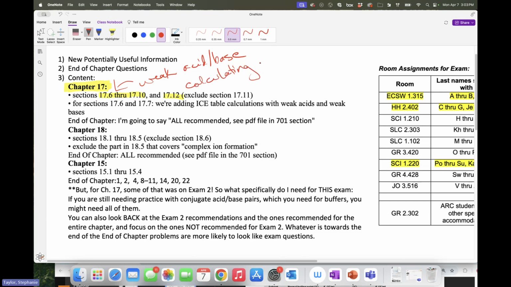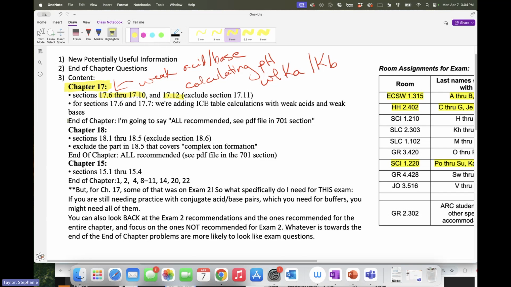So there was stuff that we did before spring break, the week before spring break, that is on this exam 3. So we are going back in time. It seems like a long time ago because we are actually starting with, if you just have a weak base and a concentration, what's the pH? So all of that stuff is in there.